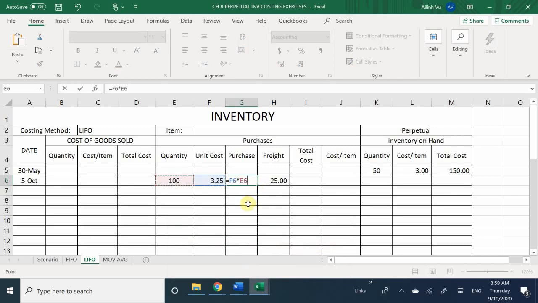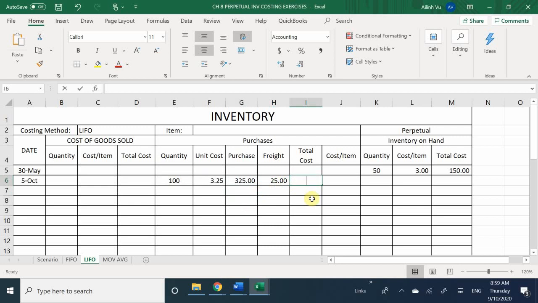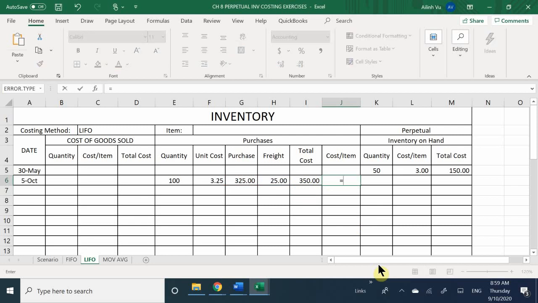What's my total purchases here? Go ahead, Lynette, what would you say? 325. All right, and what's my cost per item? $3.50.